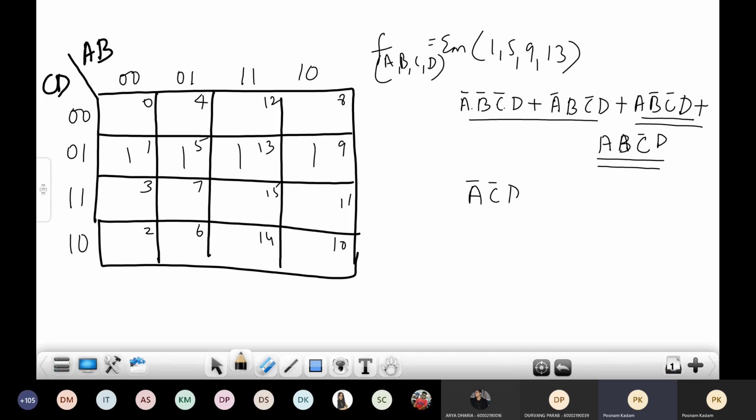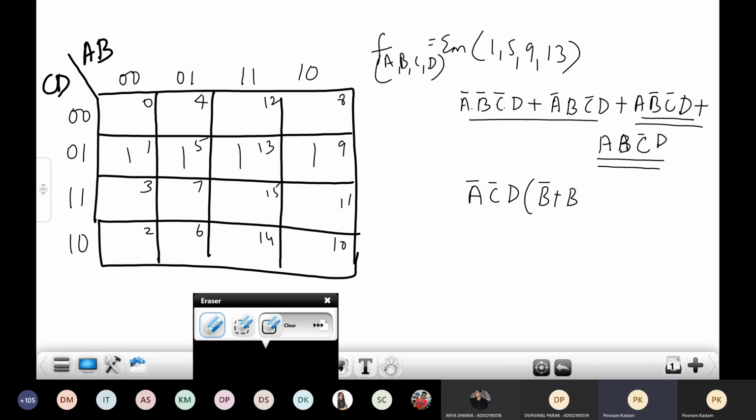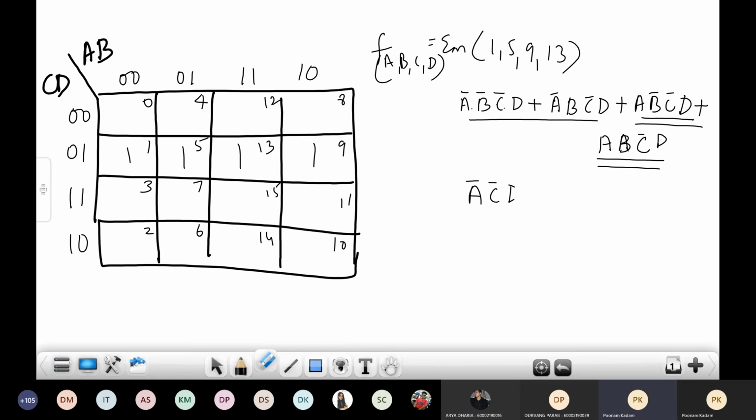Only B is changing, so we can use the combining theorem and we only write A bar, C bar, D. By applying the combining theorem, we get this. The second one is in the second pair, A, C bar and D are the common terms, so you can apply the combining theorem because what is changing here? In the second term also B is changing. So you have A, C bar, D.